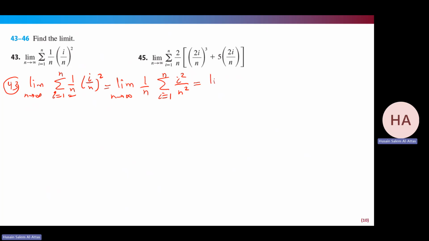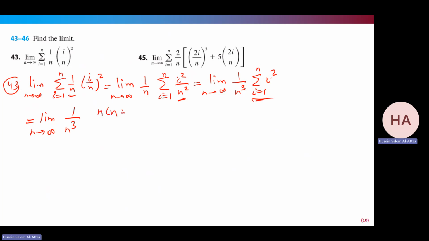That will be limit n goes to infinity, because n square does not depend on i. It will be 1 over n cubed, summation, i equal 1 to n of i square. I square, I know the formula for that.